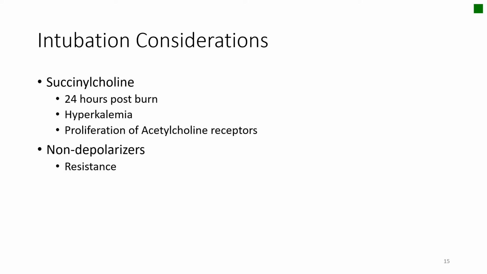It is best to avoid it after 24 hours post-burn. With non-depolarizers in burn patients, you can generally have resistance, because of the upregulation of the acetylcholine receptors and the massive fluid shifts that produce changes in volume and distribution.